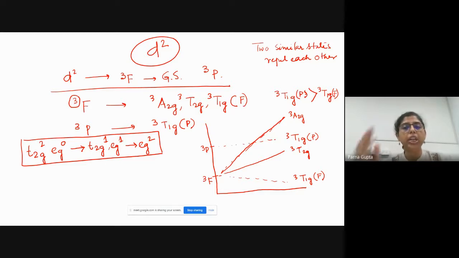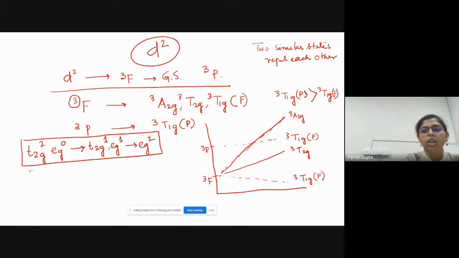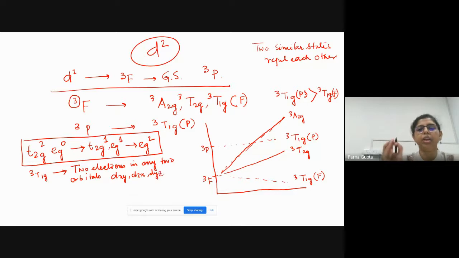If we go to the d orbital system, 3T1g corresponds to any two electrons in any of the orbitals dxy, dzx and dyz, right?